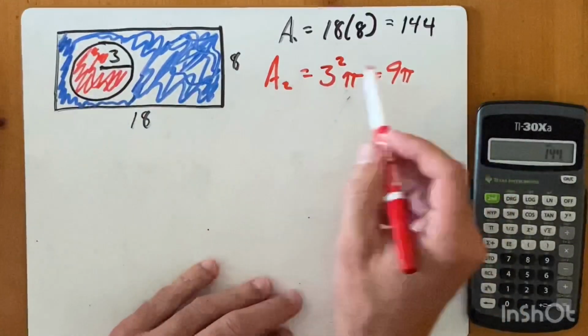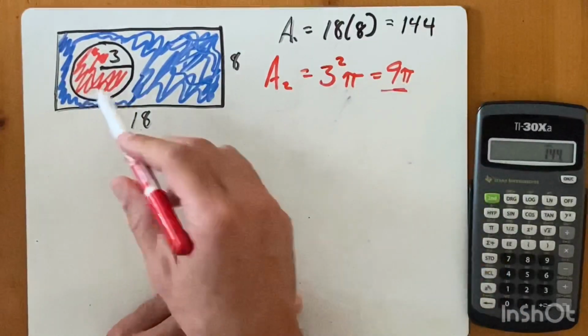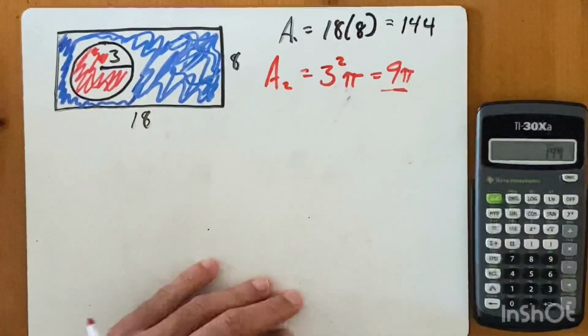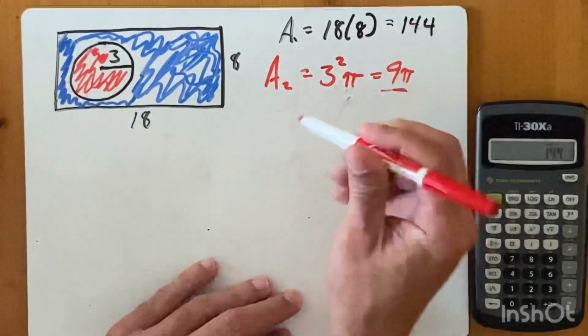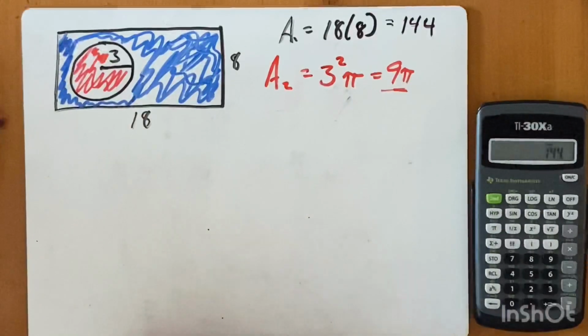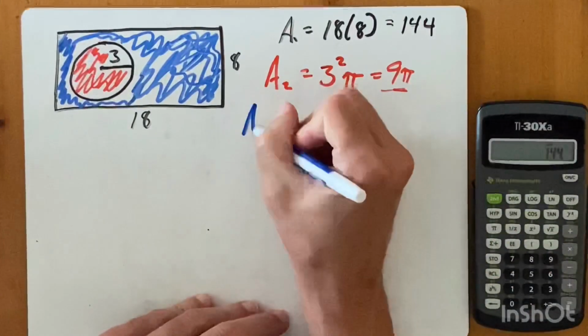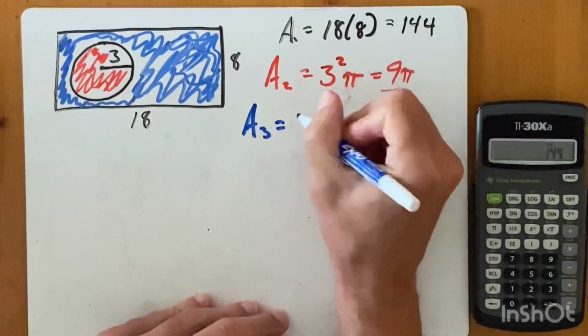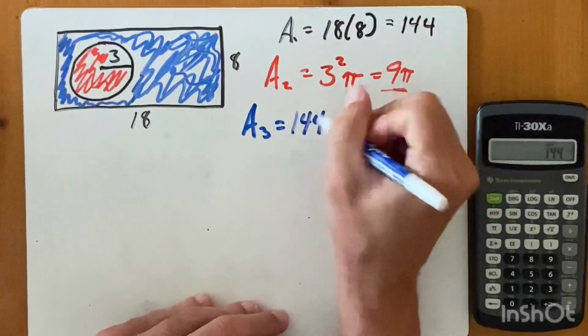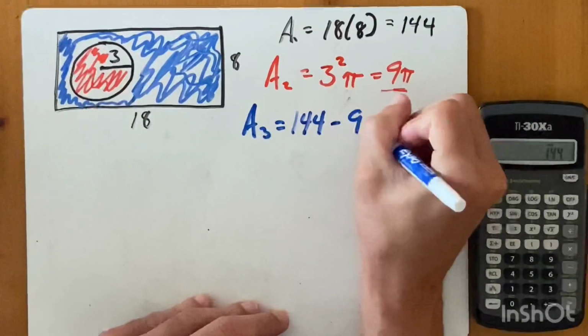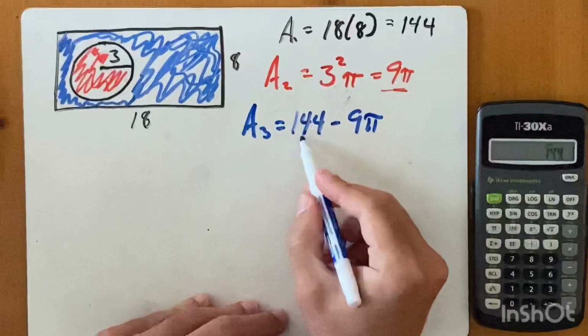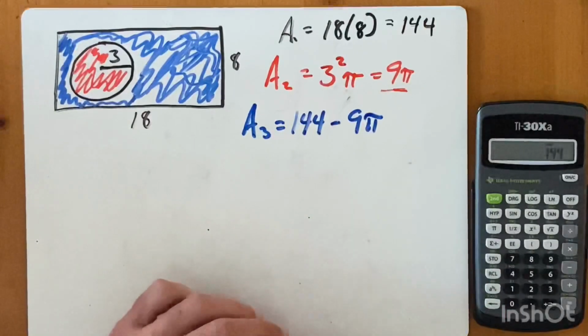Now I need to subtract the area of the circle from the area of the entire rectangle. We'll do that in blue because that's the one they're looking for. So I want 144 minus 9 pi, area of the rectangle minus the area of the circle.